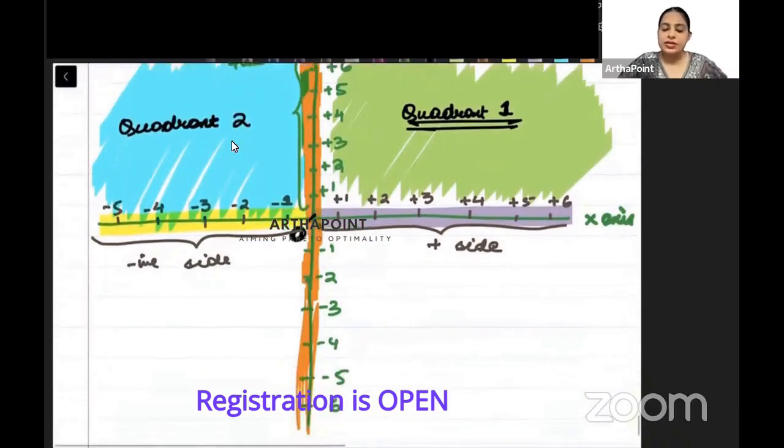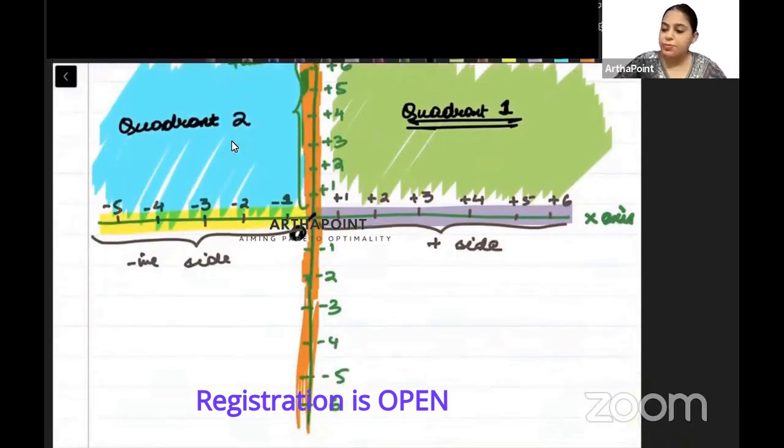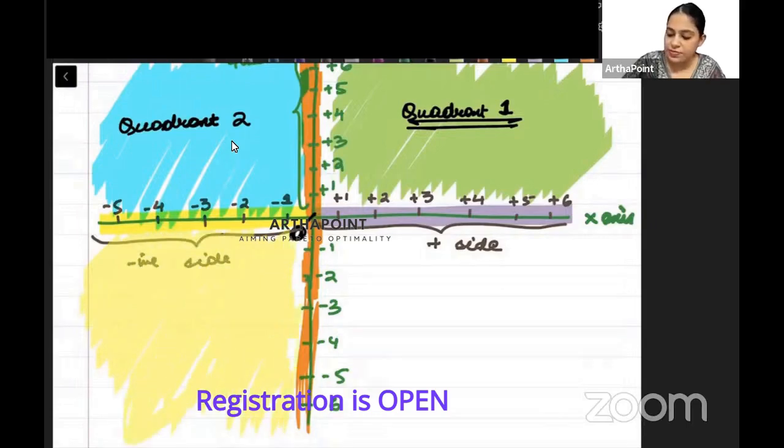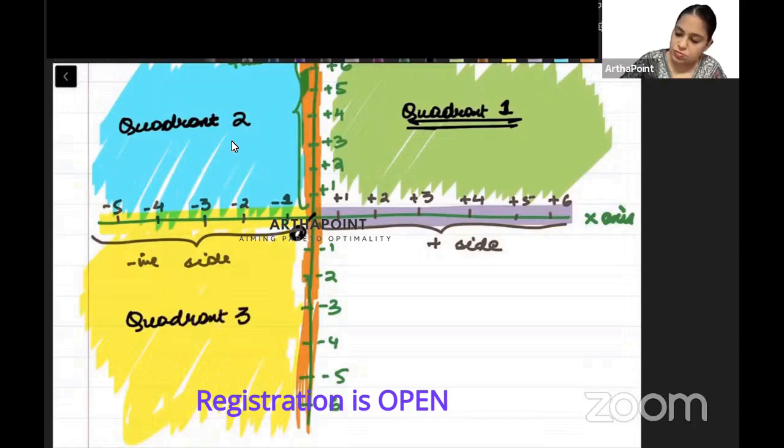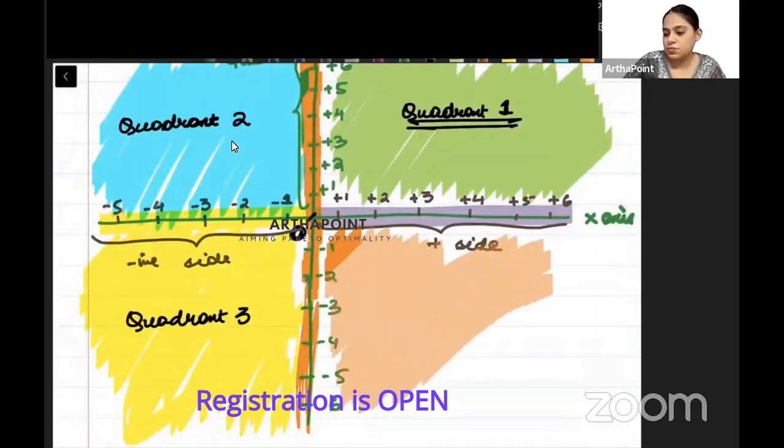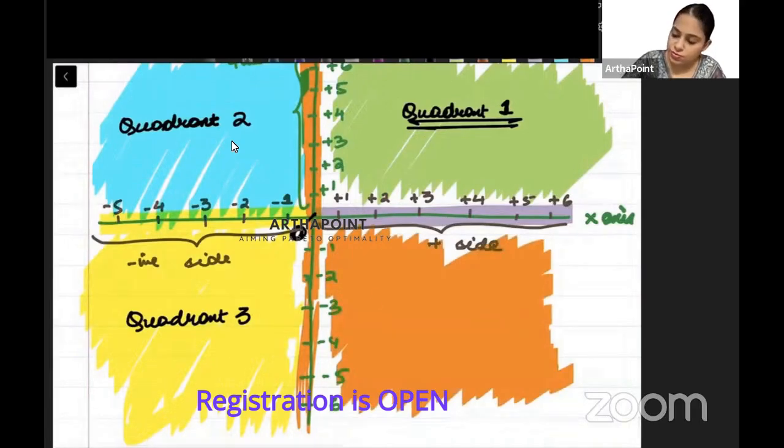Okay. This part, where both of them are negative, right beta? This is your third quadrant. And this part, जहां पे x positive है but y negative, this is your fourth quadrant.